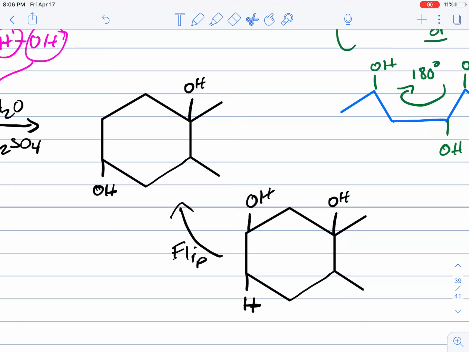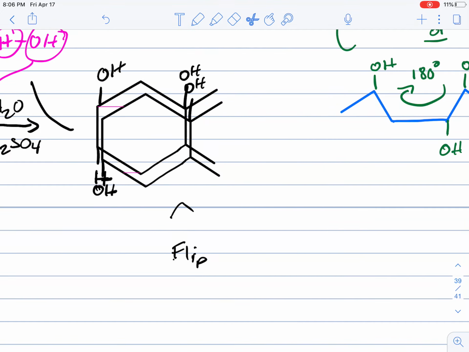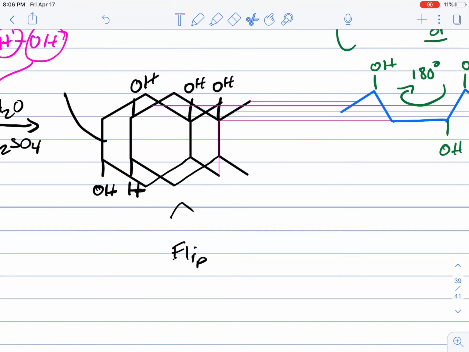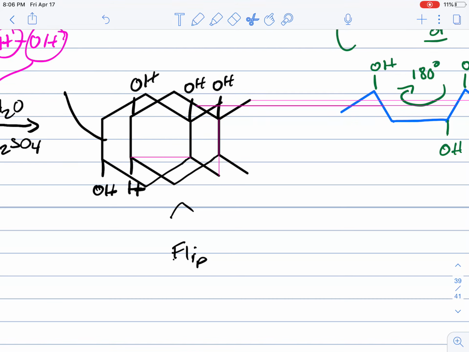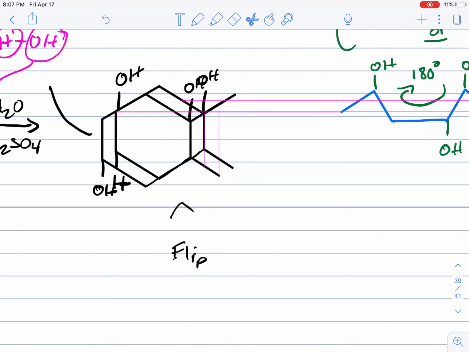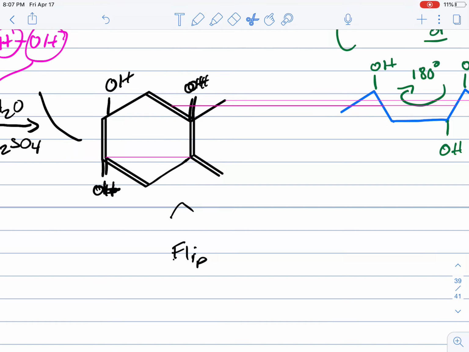Or you don't even need to flip it. I mean, you can literally drag this over, right? And if I drag it over, notice that your OHs, yeah, they'll match, but your hydrogens and your OH down at the bottom, I can't show you right now because I'm holding this molecule in place. But if you were to look, the hydrogens, the OH at the bottom, they do not match.